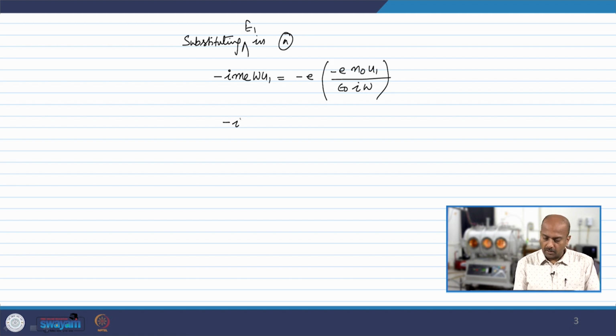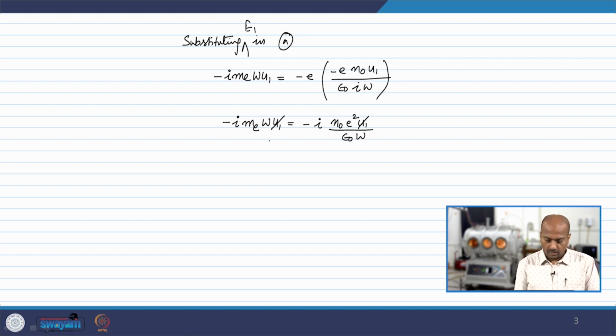Doing some simple algebraic simplifications, we can write i m_e omega u1 is equal to minus i times n0 e square u1 by epsilon naught omega.